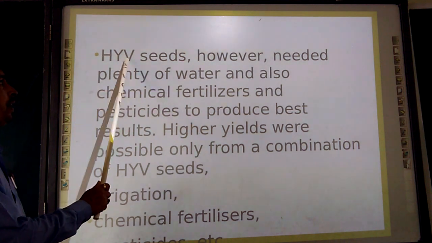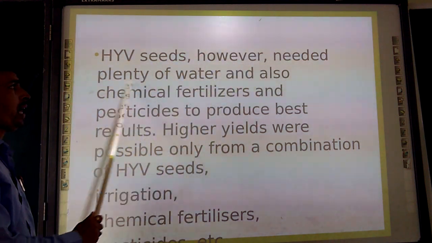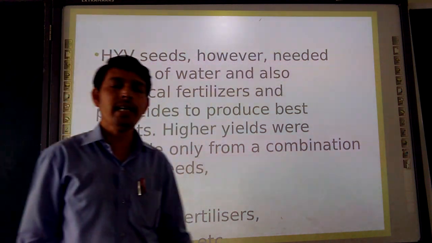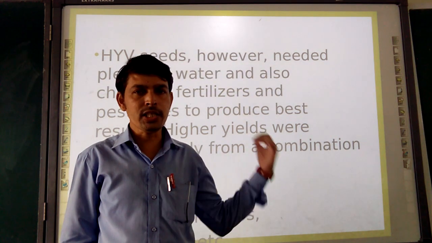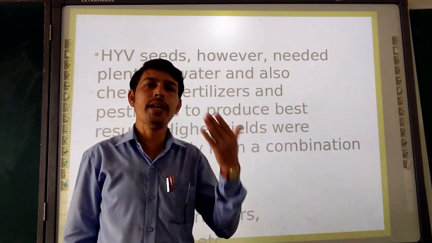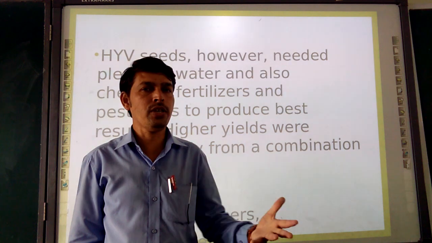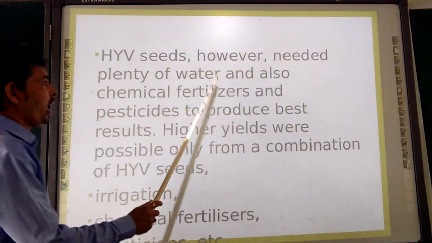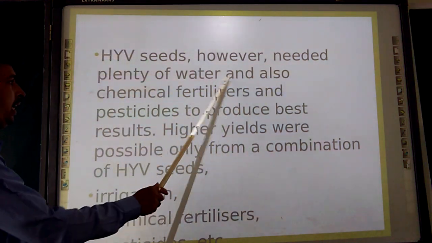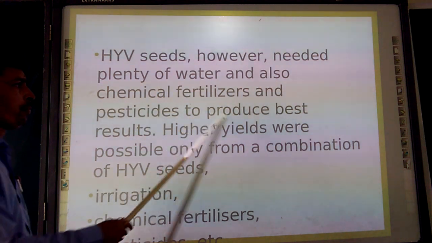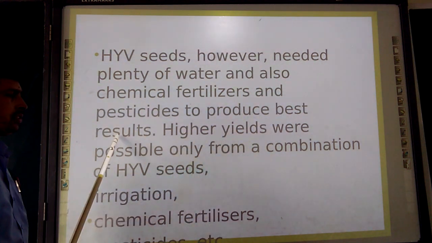Then these HYV seeds, however, needed plenty of water. As I told you, HYV seeds require more irrigation, that means plenty of water, and also chemical fertilizers and pesticides to produce the best result.